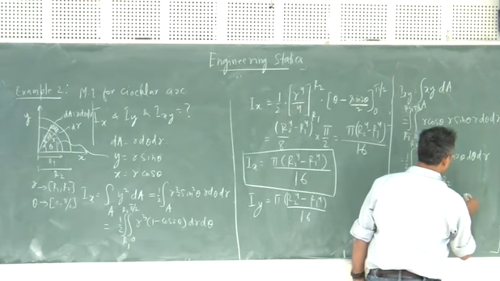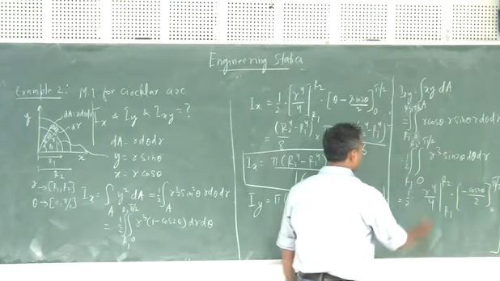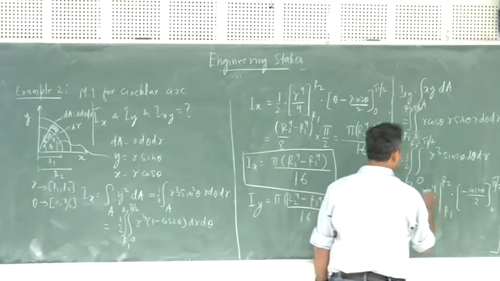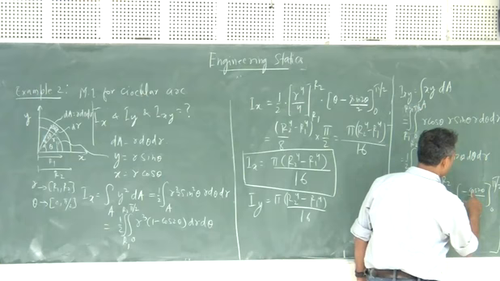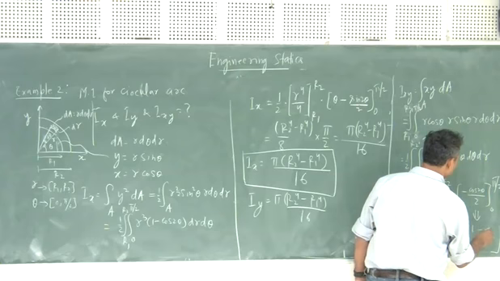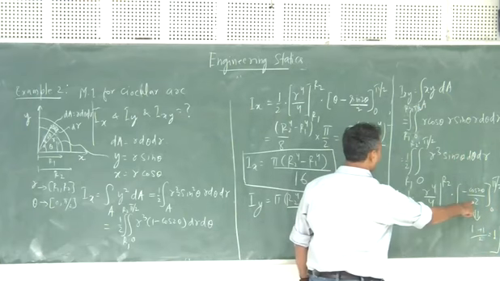Sin 2 theta will become minus cos 2 theta by 2, from 0 to pi by 2. That will give cos pi, which is minus 1, with the minus sign making plus, so 1 by 2 times 2, and this will be just 1.